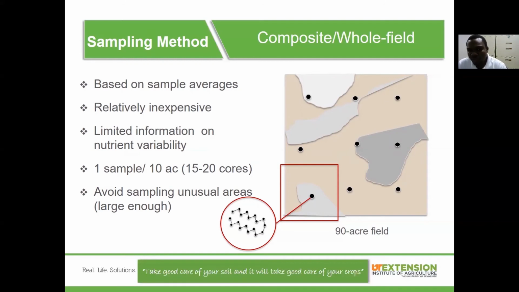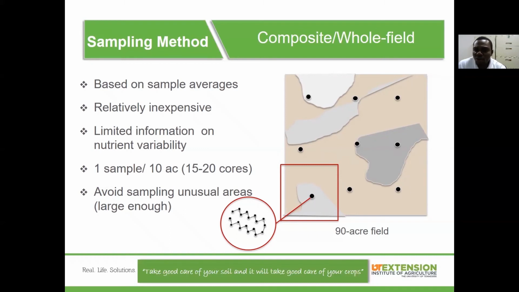One other thing to take care of is making sure that you don't collect samples from unusual areas. You want to avoid collecting samples from unusual areas. An example of an unusual area would be an area where you've had lime or manure piled up over the years or some time ago.